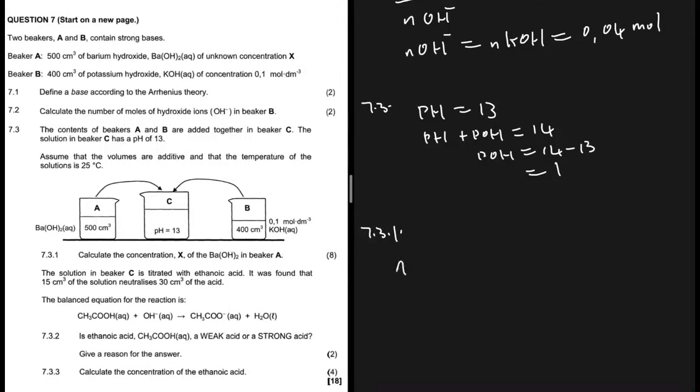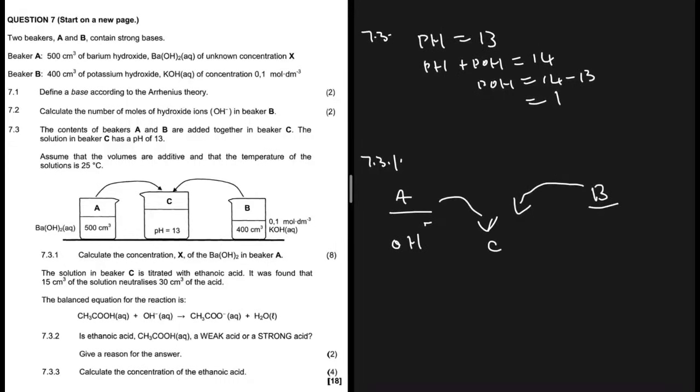So beaker A has its own number of moles of OH, right? That will be poured into beaker C. And then beaker B also has its own number of moles that are going to be poured into beaker C. The number of moles in beaker A are unknown, but the number of moles in beaker B are known.